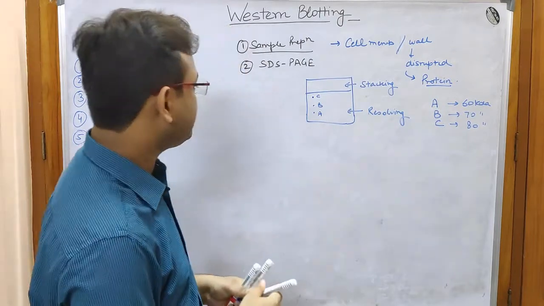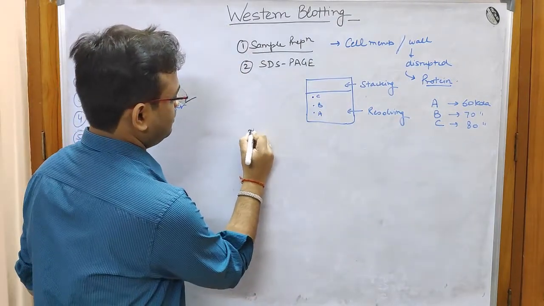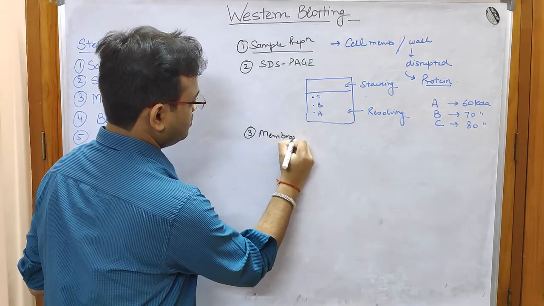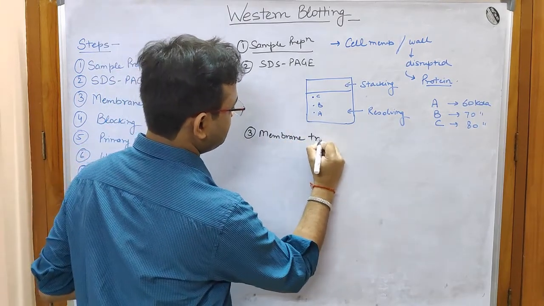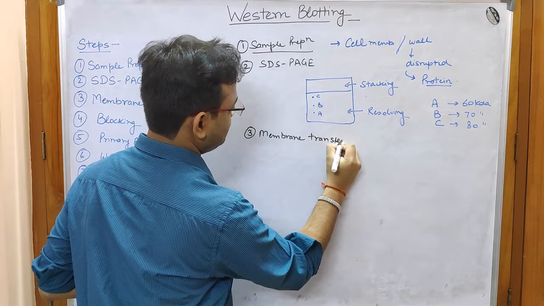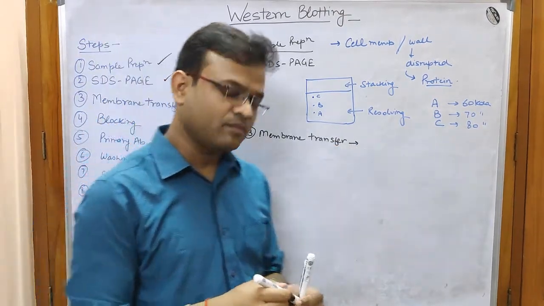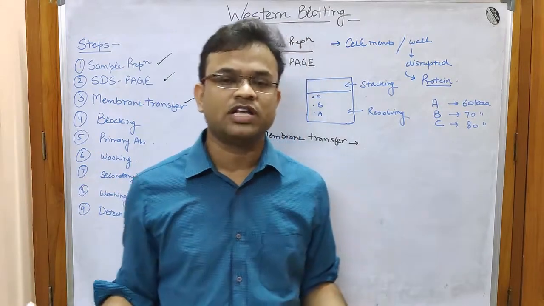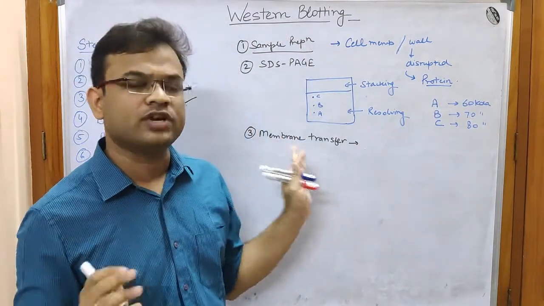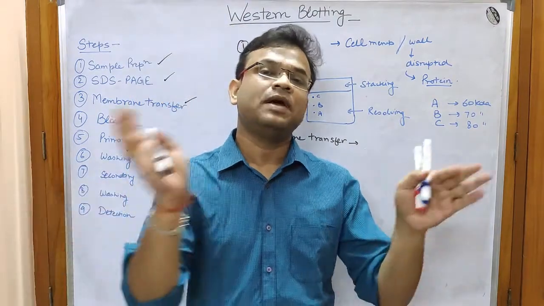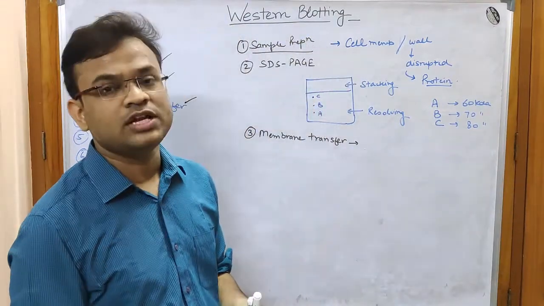Okay, so let me write it down. We are coming to membrane transfer. I have already told you that blotting means transfer. Blotting means transfer of our protein from the gel to the membrane. Which kind of membrane? You need to remember this.